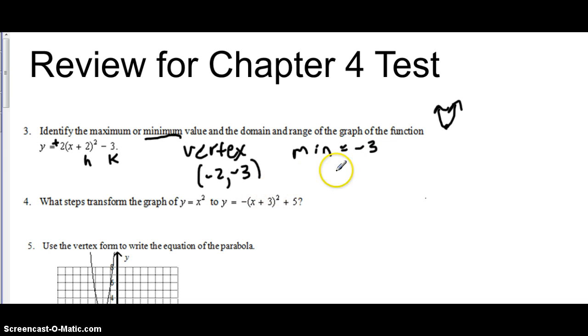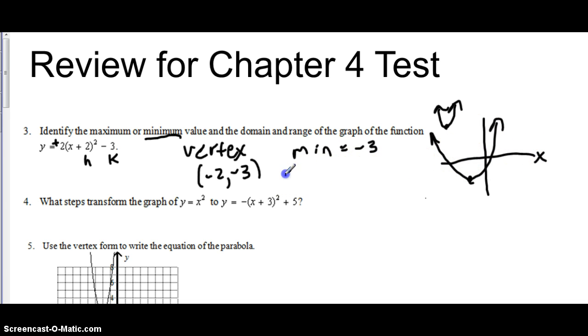And the domain, since this graph is going to be -2, -3, kind of like this, we're going to think about all the x values we can plug in. And since these graphs go all the way to infinity, we can plug in any x value and get back up on the graph.